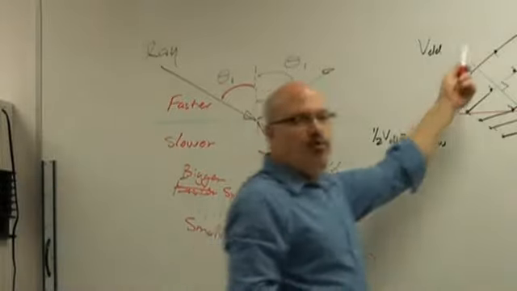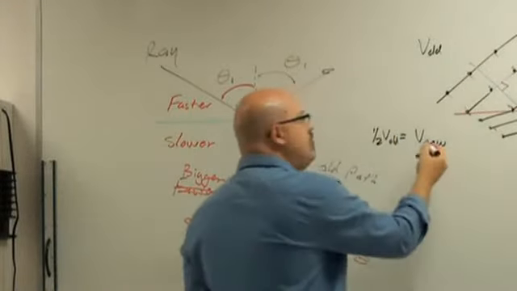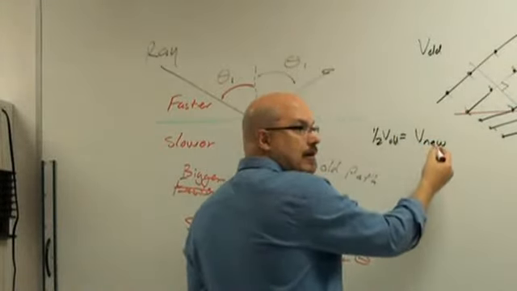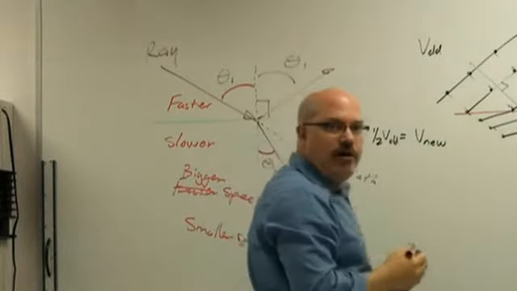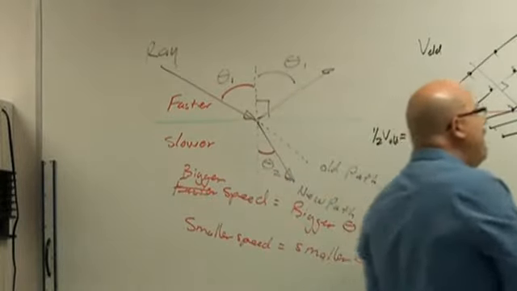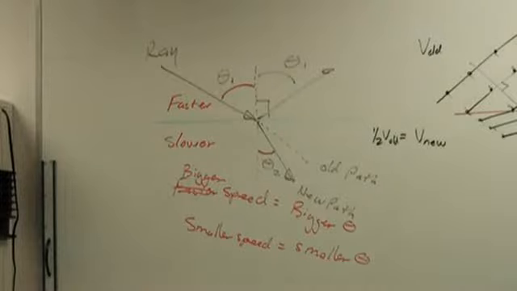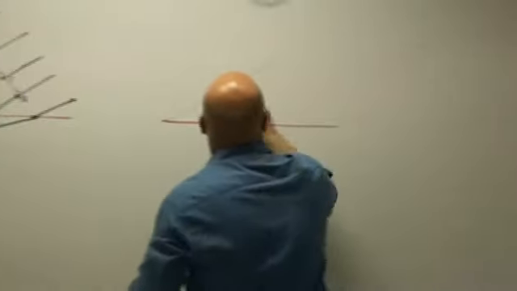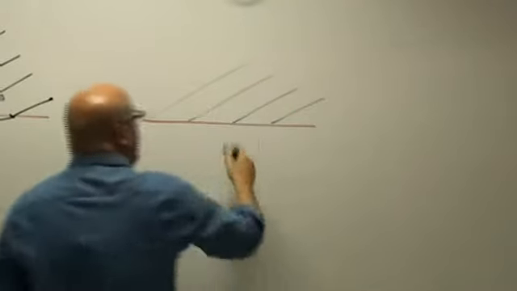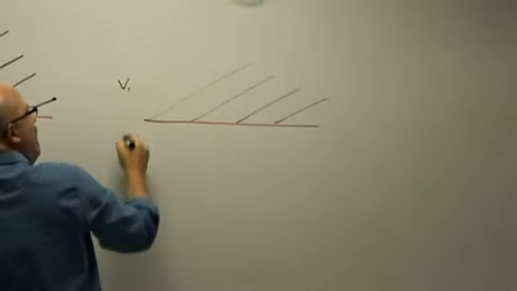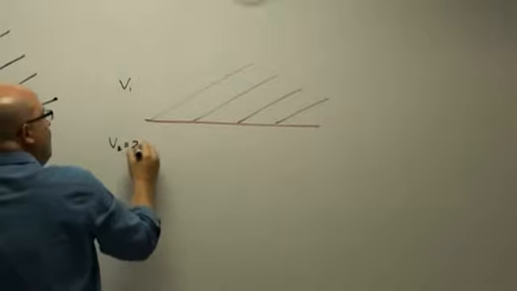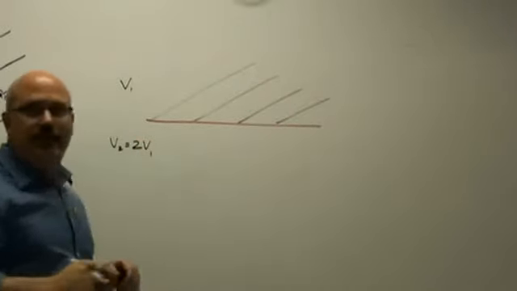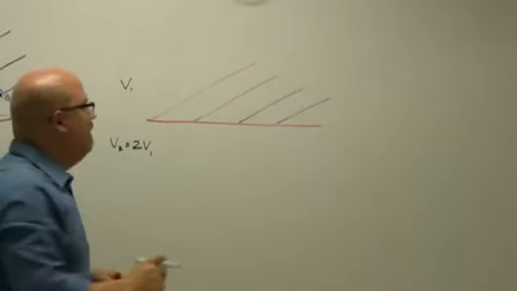Guess what? What if I would redraw this, but my new speed instead would be twice as large? What would happen then? If we came in like this, and velocity 2 is equal to twice velocity 1, so it doubled its speed, what would happen then?